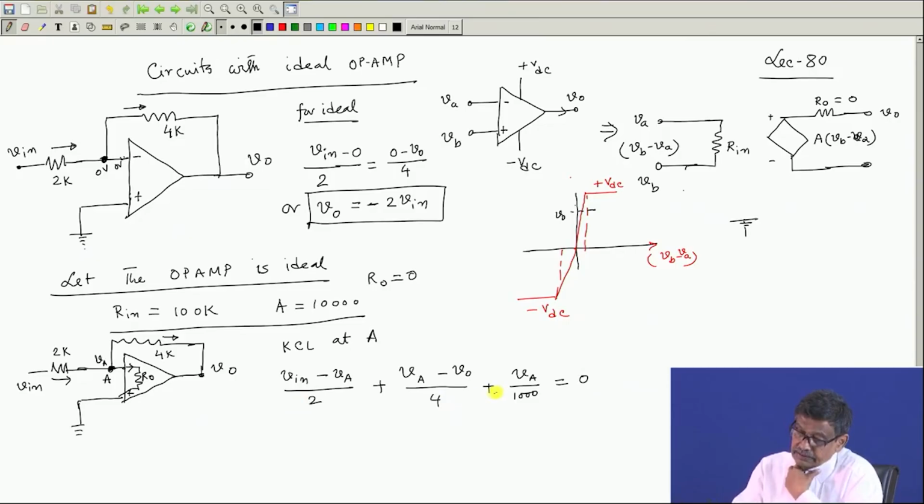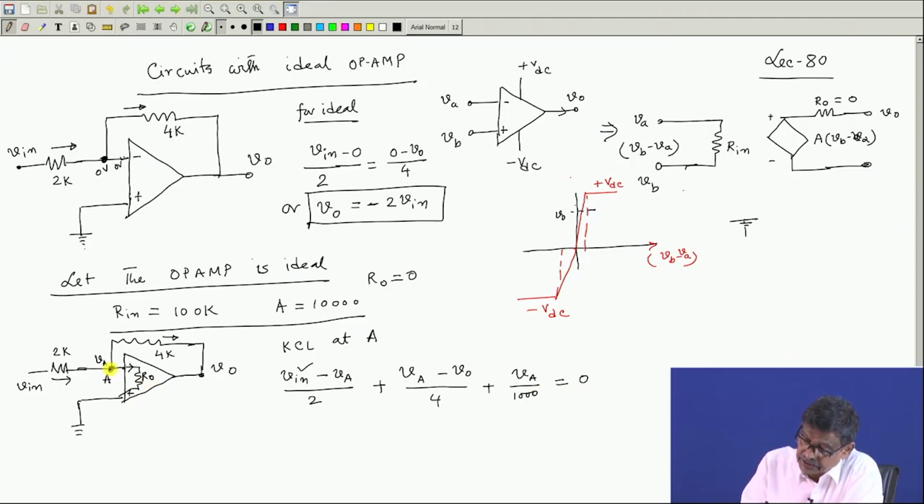Okay, I want to find out V naught. What are the things known here? V in is known, VA and V naught are the unknown things.